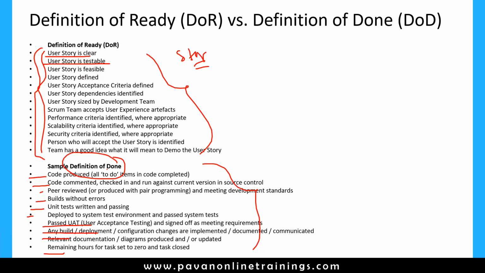Before I say something is done, we need to cross verify whether all activities have been completed or not, and then only we say okay, we have done. So this is all about definition of ready and definition of done. This is just theoretical understanding we need to have at the beginning before jumping into the agile process.